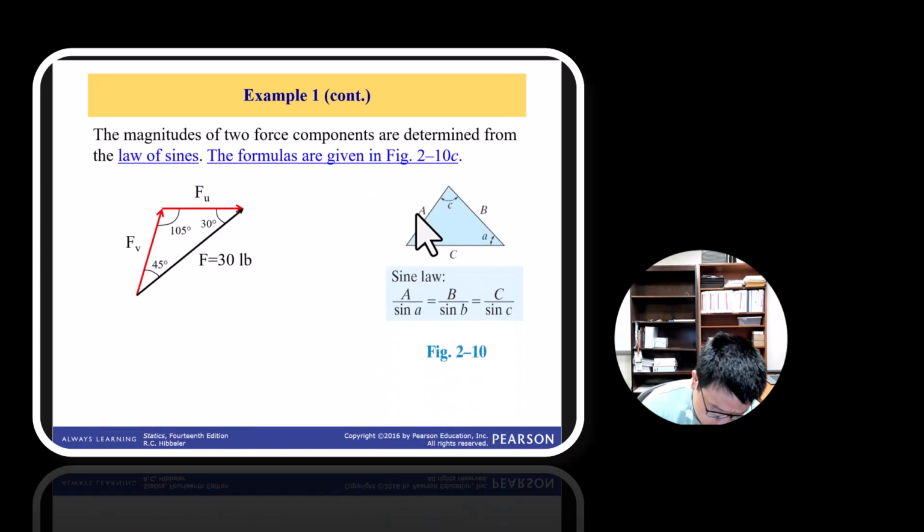So how do we solve for the magnitude? As we mentioned before, we need to use the law of sines.